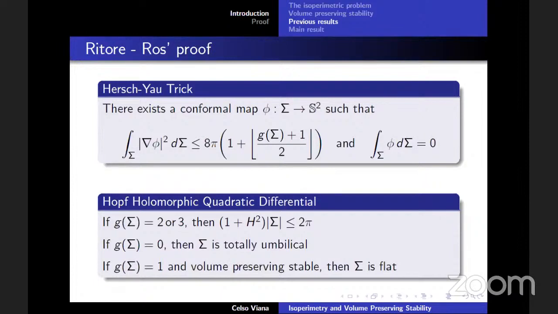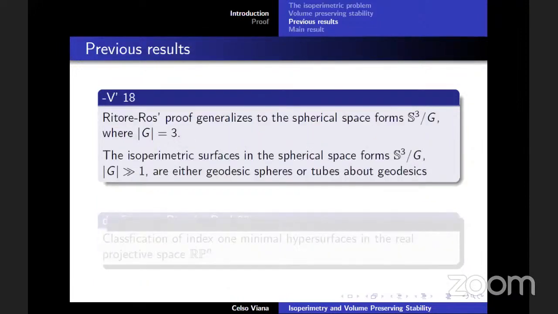And for ruling out the genus 2 and 3 cases, you just need to use some classical lower bounds for the Willmore energy. I'm not going to enter into the details of these proofs, but as you can see, these two ingredients are very 2-dimensional.